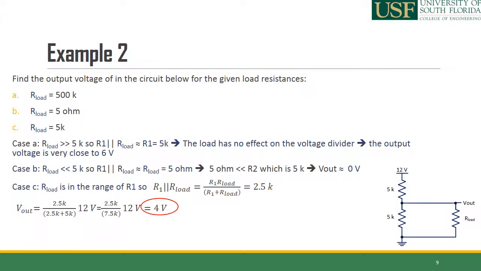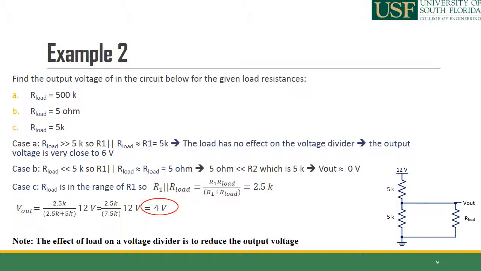This example is showing us a very specific thing about a voltage divider. As you can see, if the resistance of the load is significantly larger, as we had in case A, the load effect on the voltage divider is pretty much negligible, and we get the same 6 volt at the output if R load is much larger than R1.